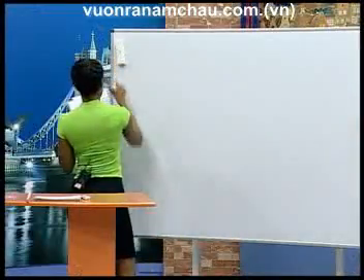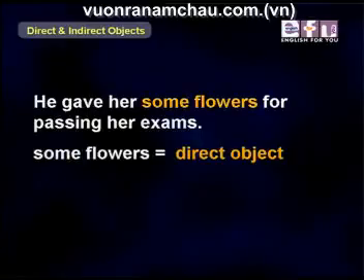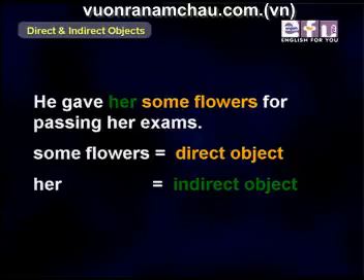Now, Sylvia, can you please look at this next sentence and tell us the direct object and the indirect object? He gave her some flowers for passing her exams. Some flowers is the direct object and the indirect object is her.